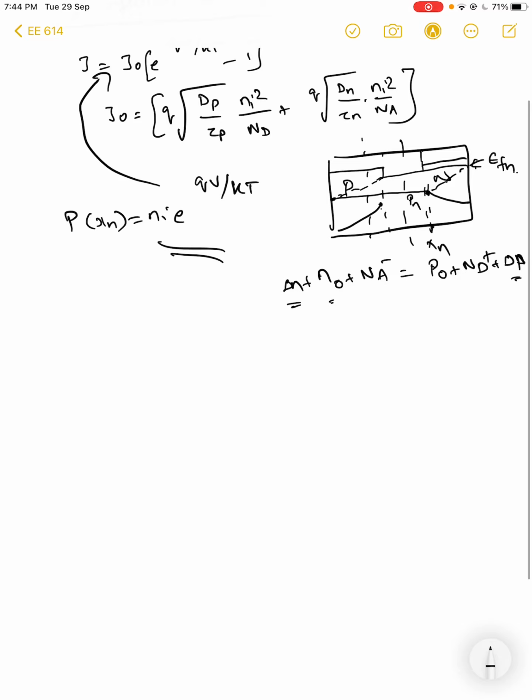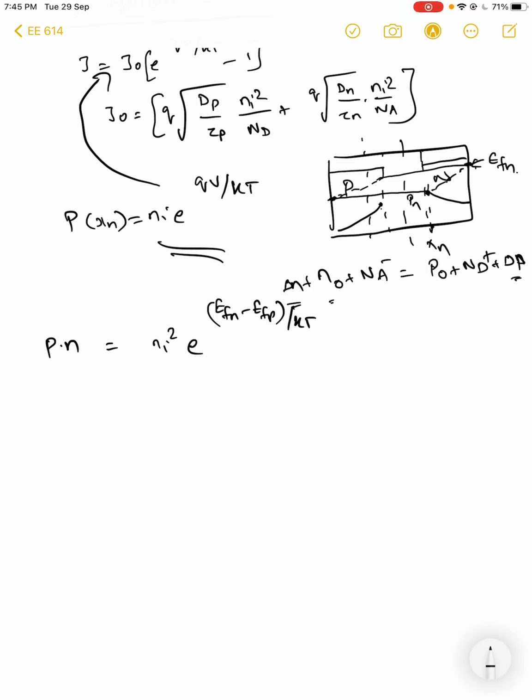Okay, so at any point in x, the p into n product, right, is basically equal to ni square e power EFN minus EFP by kT. We derived this equation a few times before, and it is true at the far ends, right, where EFN and EFP are at the far ends.